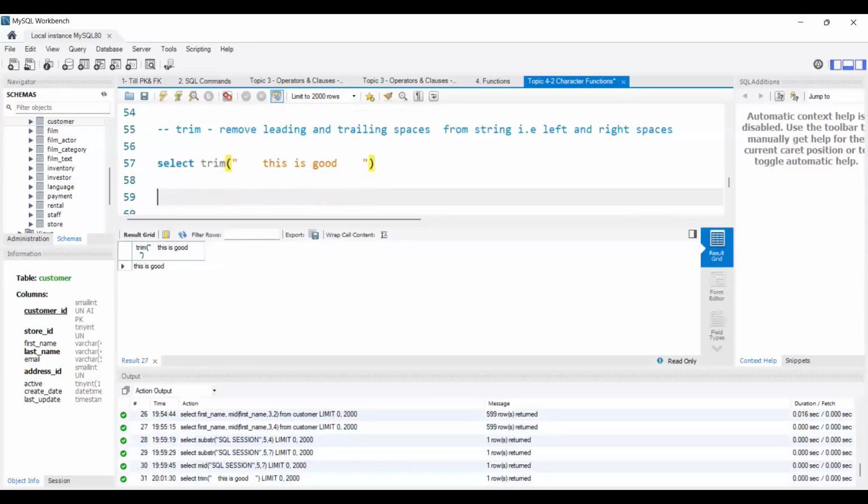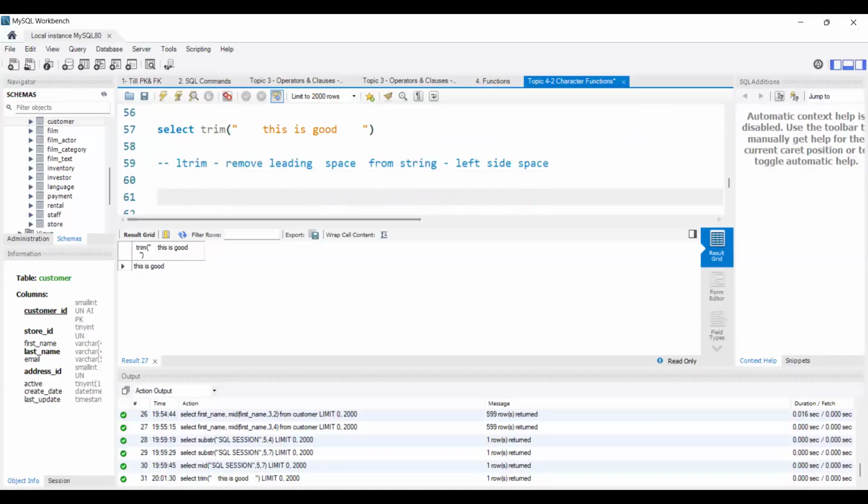Whereas if I use L trim, it will remove only the left side space, the leading space from the string. Okay, now let me just copy the same.